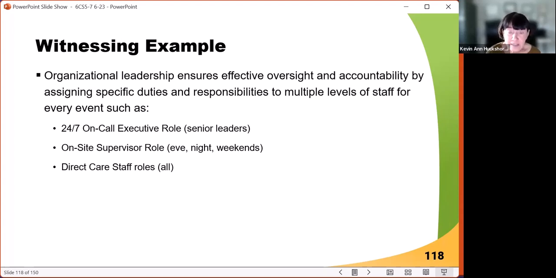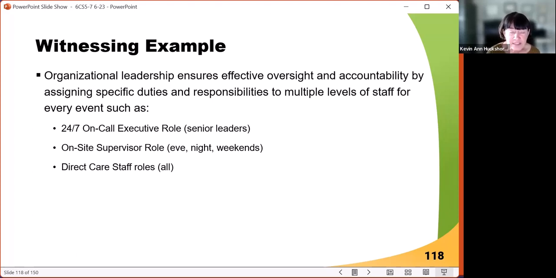The second level of staff we're talking about here is what I call the on-site supervisor role. That's what we call it in hospitals. It's usually a nursing supervisor, and these are the people that work evenings, nights, weekends, and holidays and take the place of the executive staff when the executive staff aren't there.